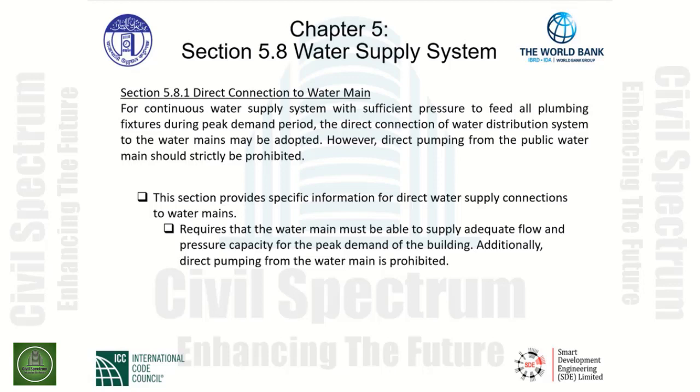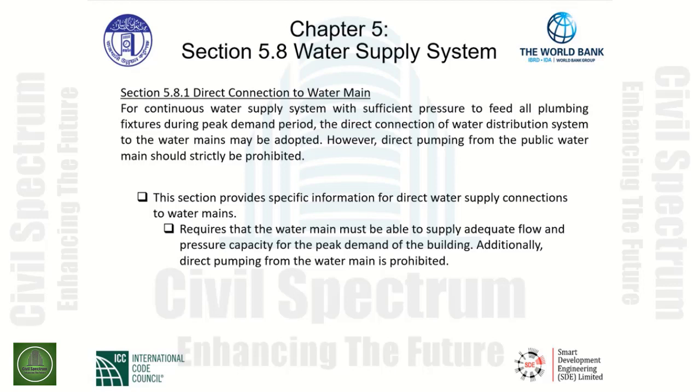So this section provides specific information for direct water supply connections to the water mains. It requires that the water main must be able to supply adequate flow and pressure capacity for the peak demand of the building.